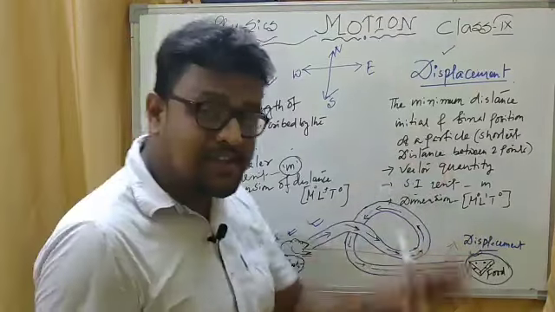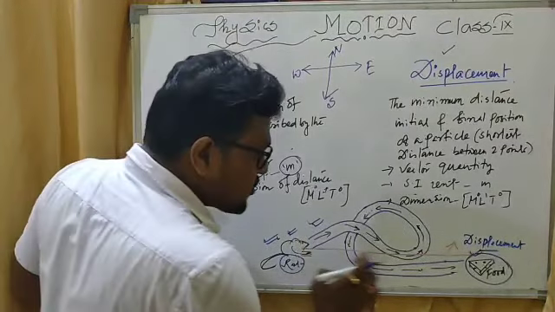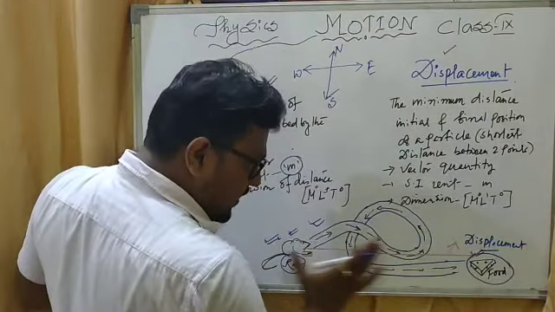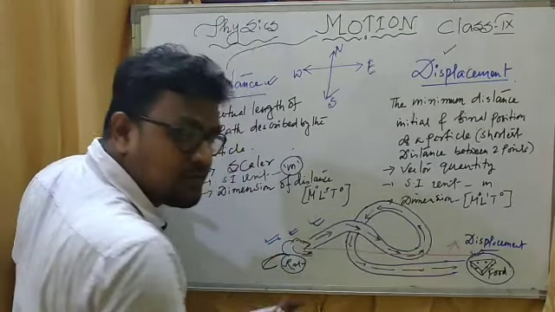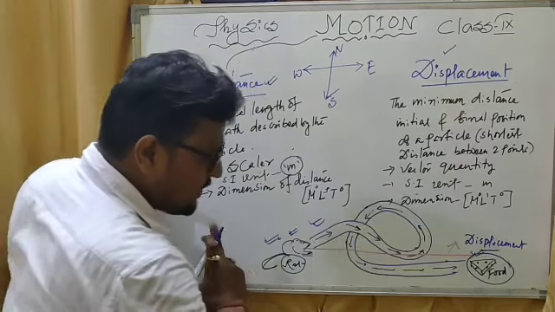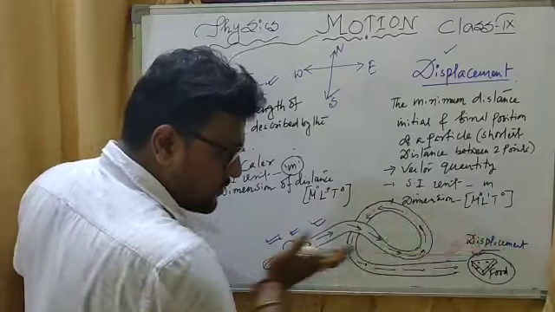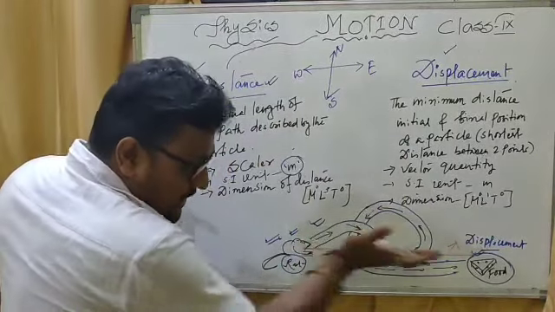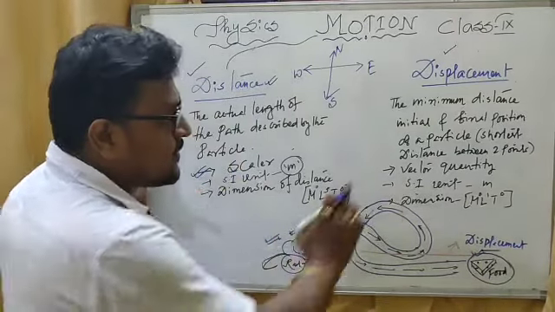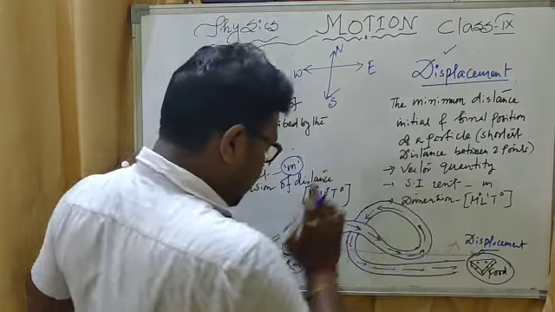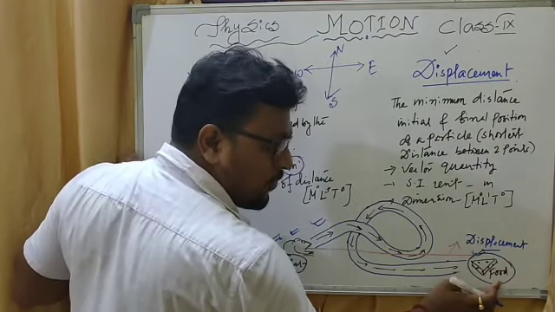Now come to what is displacement. Let us imagine there is a shortest distance, a shortcut. Would the rat travel the total path? I don't think so. The rat can go directly in a straight line in a particular direction if there is a shortcut. That means the minimum distance between the initial position, where the rat is, and the final destination, the food.